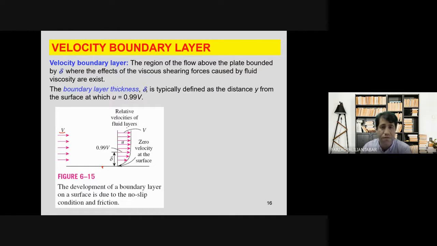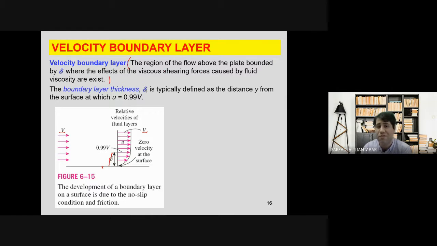Far from the surface, it will be almost the same as the velocity which we have at the beginning, at the edge of the surface. So this region, in which the property of the flow is mainly affected by the surface, will be called the velocity boundary layer.